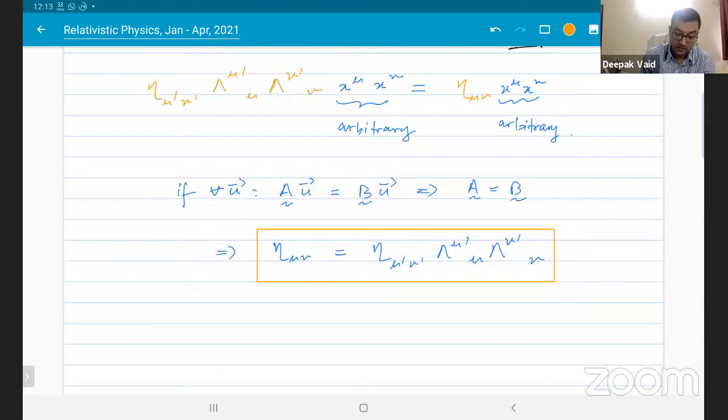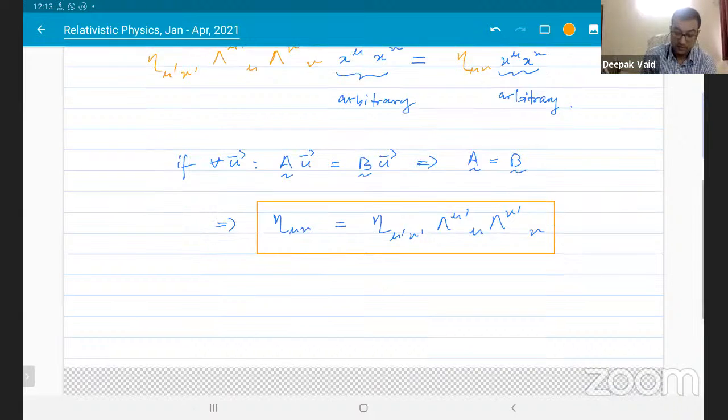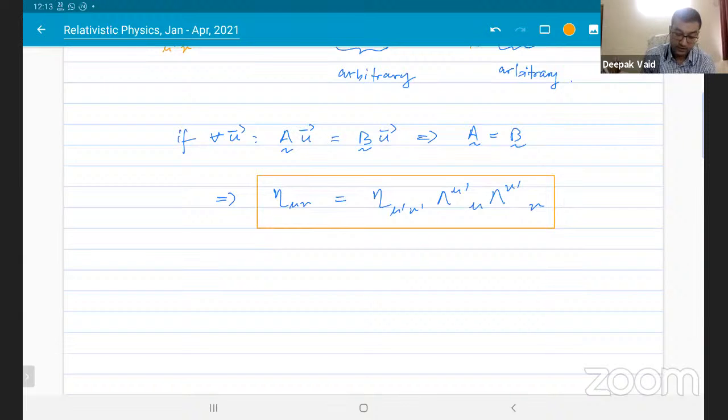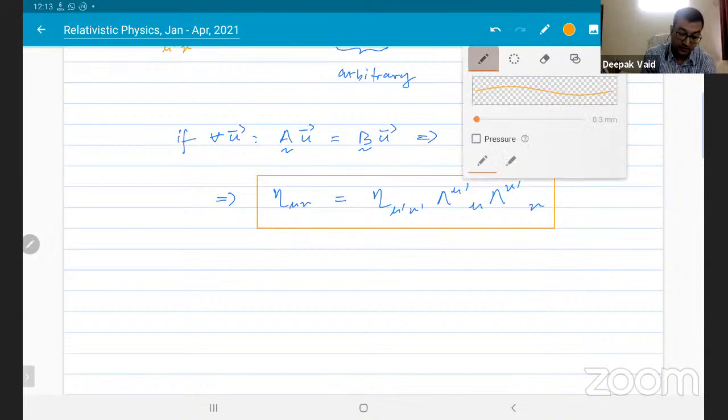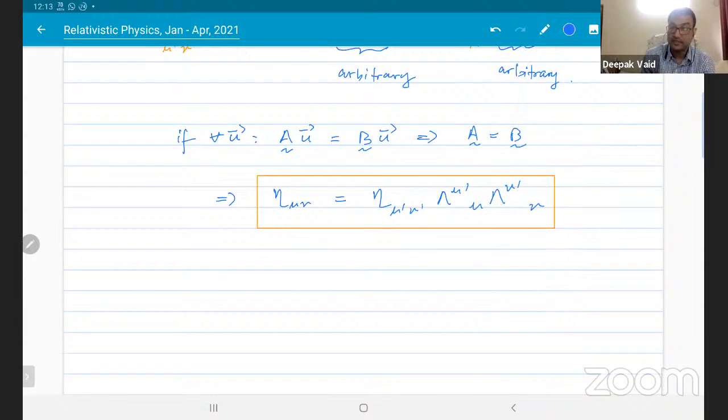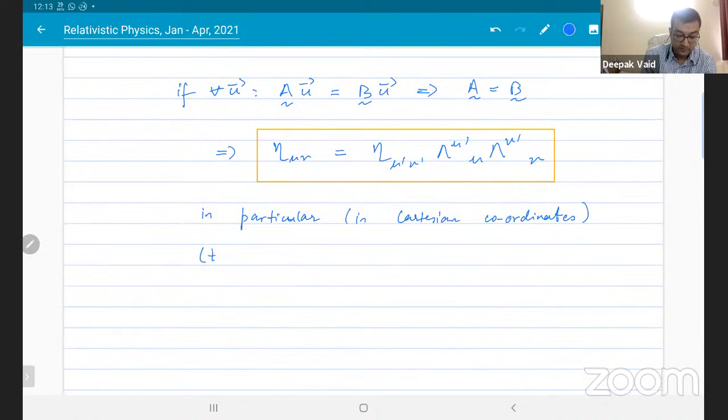Okay. So in particular, if I'm working in my Cartesian coordinates, then the form of the metric remains unchanged. The components will remain unchanged. So in particular, in Cartesian coordinates, because remember, when I say t, x, y, z, these are also Cartesian coordinates, right?